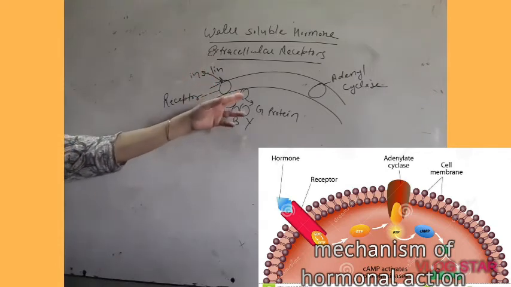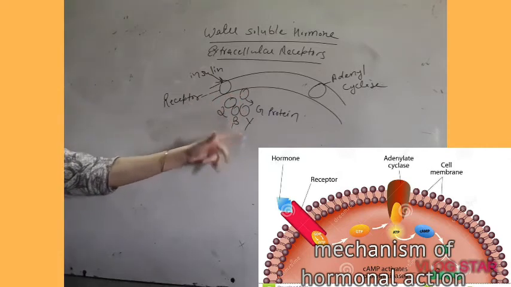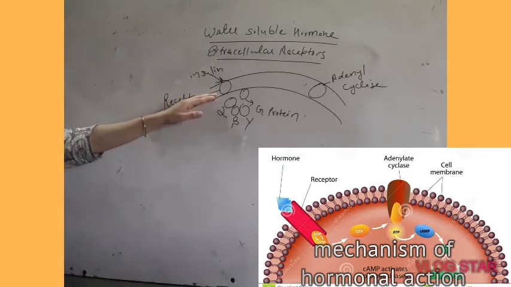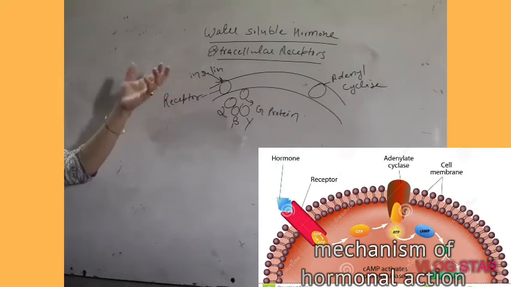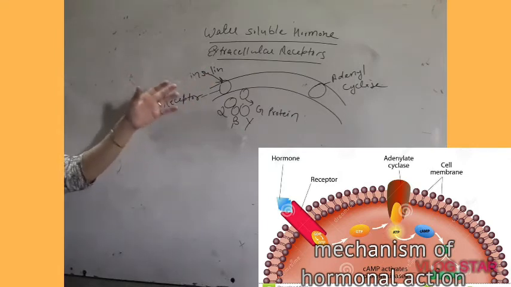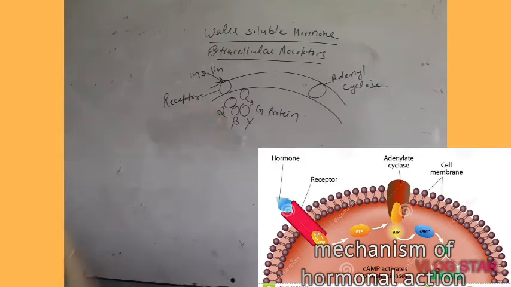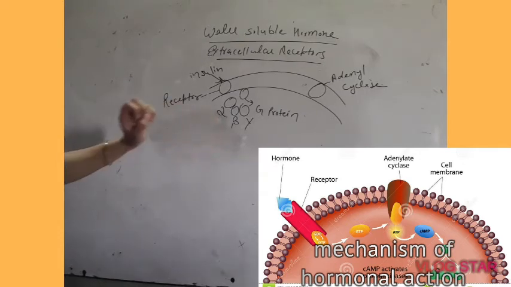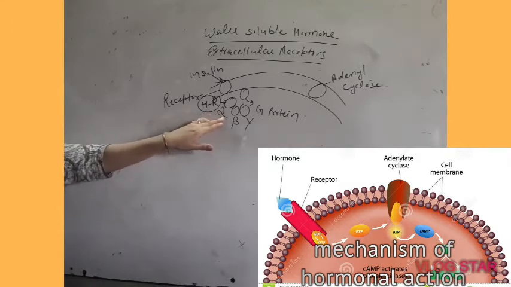What is the function of G protein? G protein has three components, alpha, beta and gamma. When receptors receive the hormone and form hormone receptor complex, this hormone receptor complex combines with the alpha unit of the G protein and activates it.